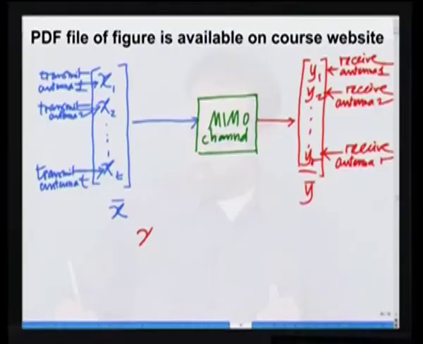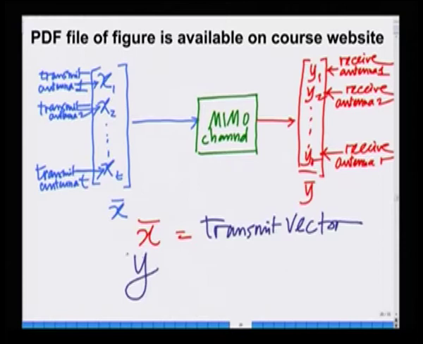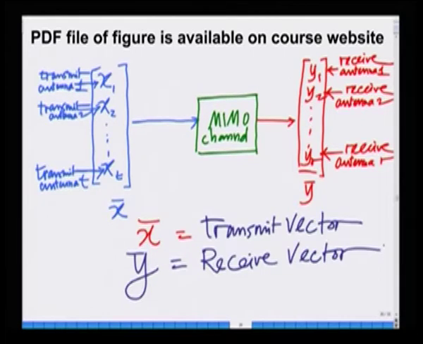So x bar is also known as the transmit symbol vector and Y bar is also known as the receive symbol vector.